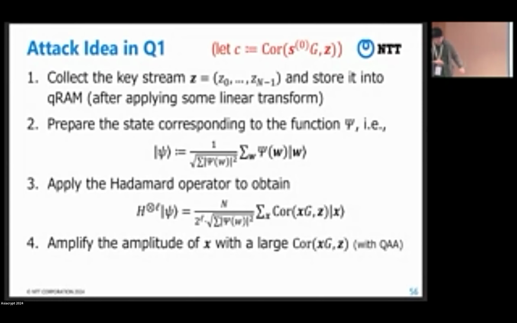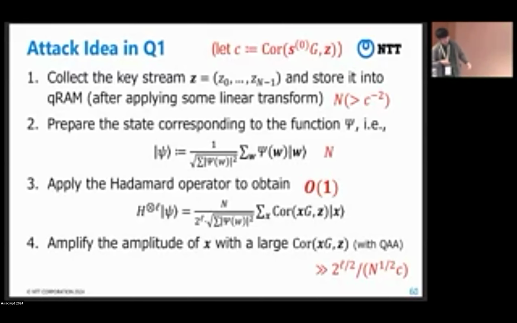So in any case, the quantum attack looks like this. Speaking of complexity, the first step requires complexity n, the second is also n, and the third one is order 1. Here there is something non-trivial: in the classical setting, the third step required the complexity 2 to the power L, but here we only apply a single Hadamard operation, so the complexity of the third step is order 1.